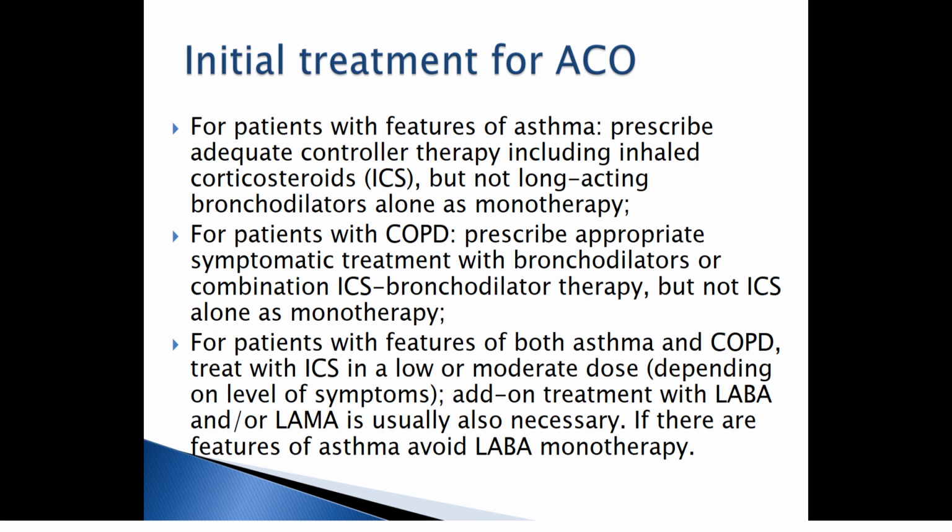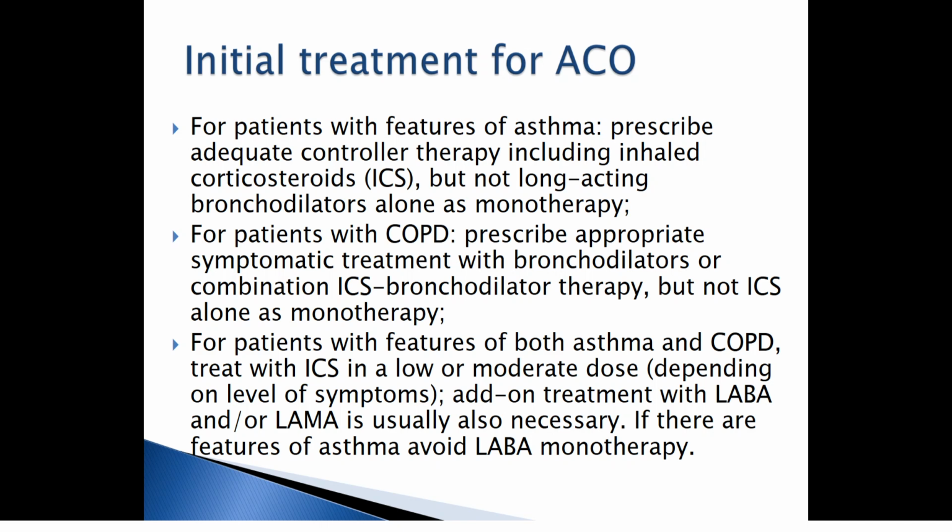For patients with COPD, prescribe appropriate symptomatic treatment with bronchodilators or combination ICS bronchodilator therapy, but not ICS alone as monotherapy. For patients with features of both asthma and COPD, treat with inhaled corticosteroids at a low or moderate dose, depending on level of symptoms, add-on treatment with LABA or LAMA.